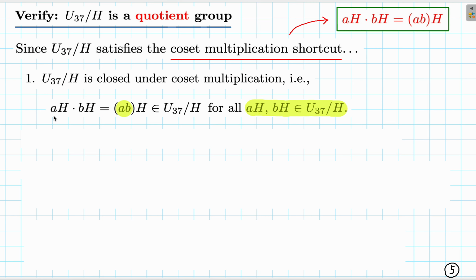But because A and B are in U37, and we know that U37 is closed under multiplication, then AB must be in U37 as well, and therefore ABH is a coset in U37 mod H. And thus we have closure under coset multiplication.